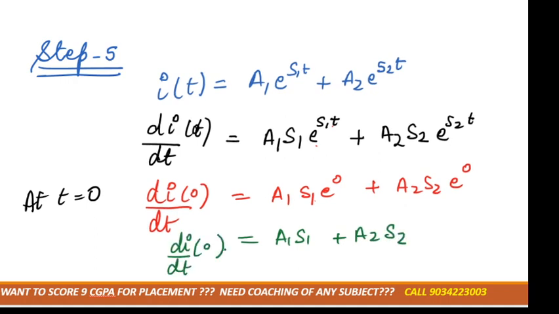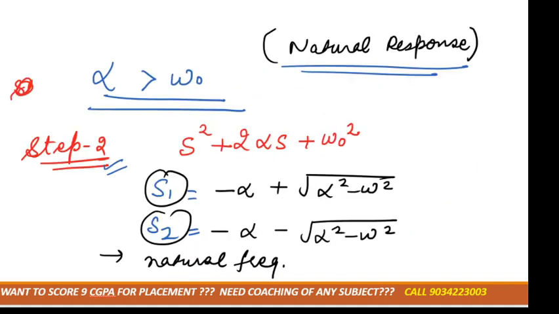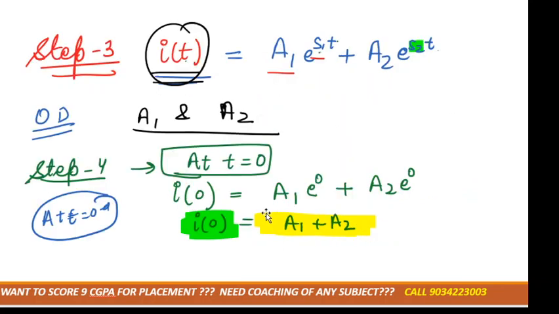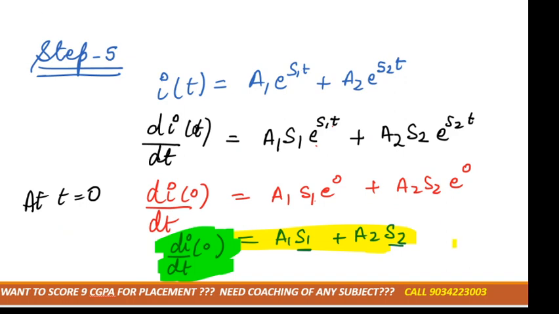So again, we already know the value of s1 and s2 that we have calculated in step number 2, and di by dt maybe they have mentioned, or maybe we need to calculate in the question. Okay, so now we'll get two equations. One is this equation from step number 4, another is this equation from step number 5. So these two equations will help in solving the value of a1 and a2, right?